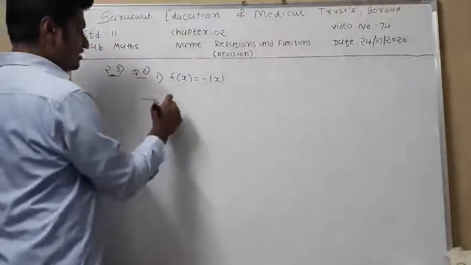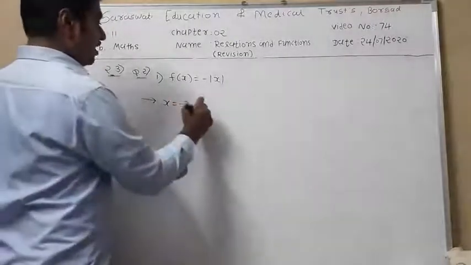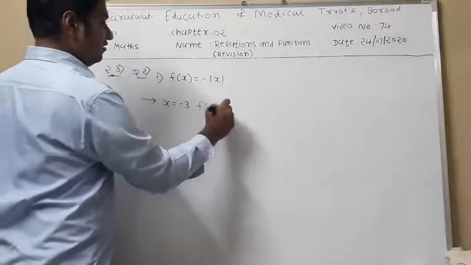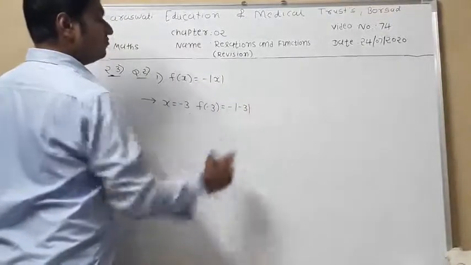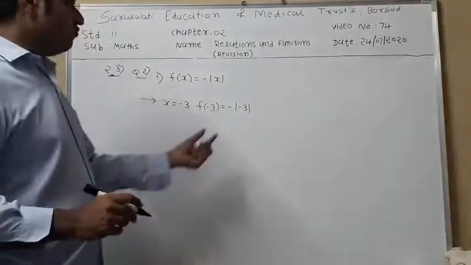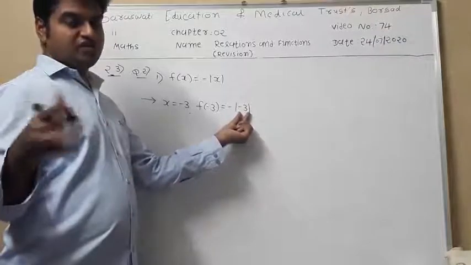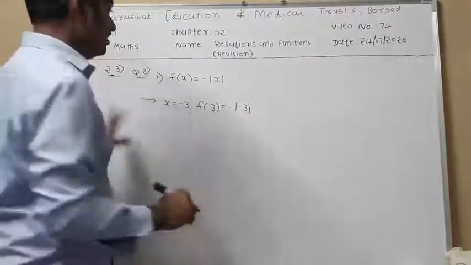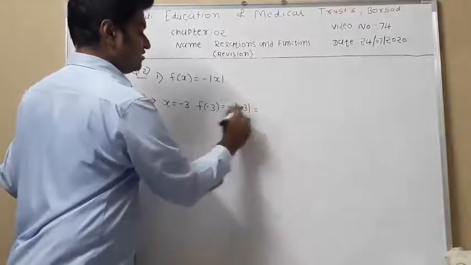So x is equal to, suppose, minus 3. So f of minus 3 is minus mod of minus 3. But we know that in modulus form any number, negative, positive or 0, we get in positive form. And outside the minus sign is already present.